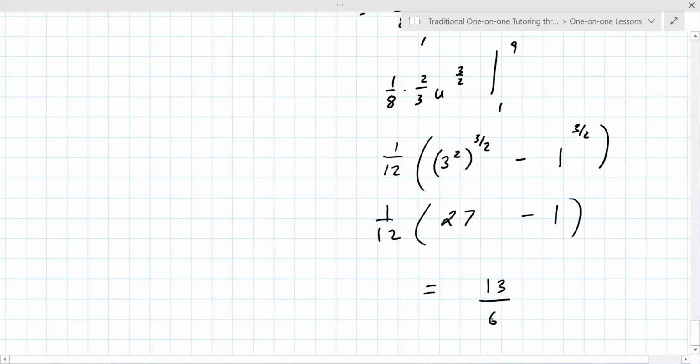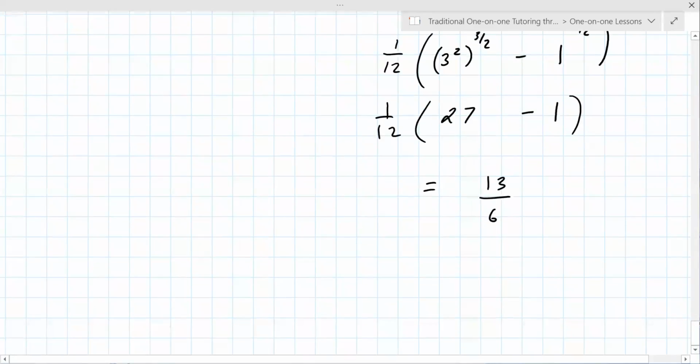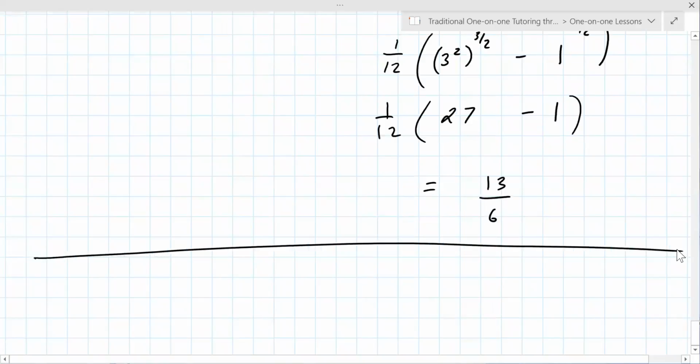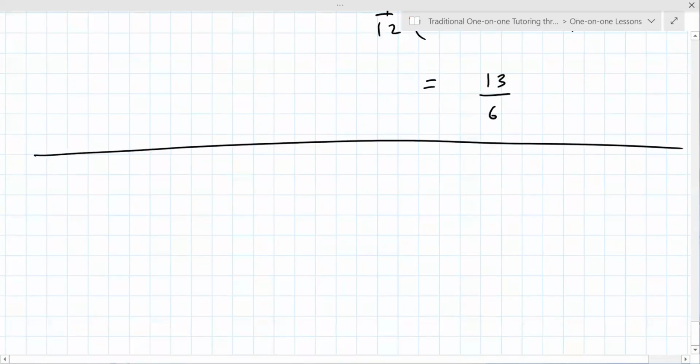The truth, though, is that almost none of these work out nicely. Almost none. Yay. And I'm sorry. So you probably only get one on the exam because there's just not that many that they can do here.